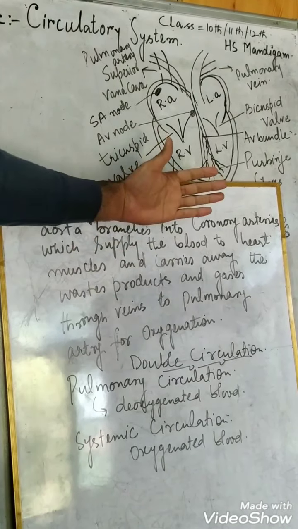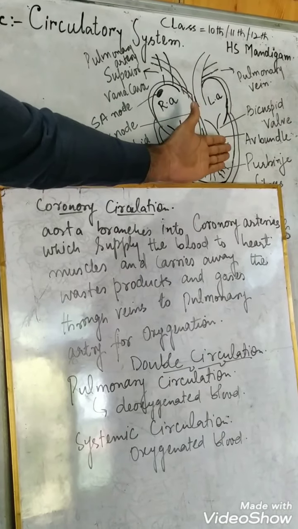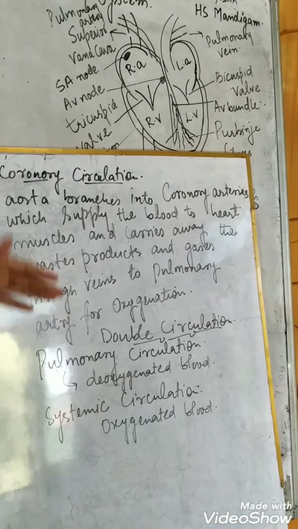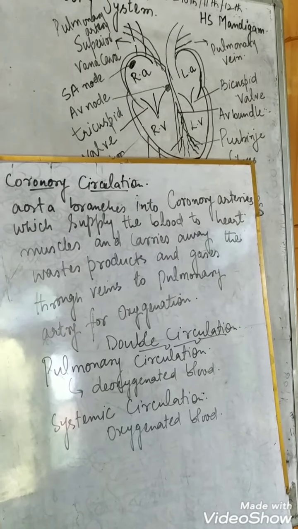That type of circulation in which the oxygenated blood is supplied to all the tissues of the body is called systemic circulation. And since these are the two types of circulation, it is also called the double circulation.